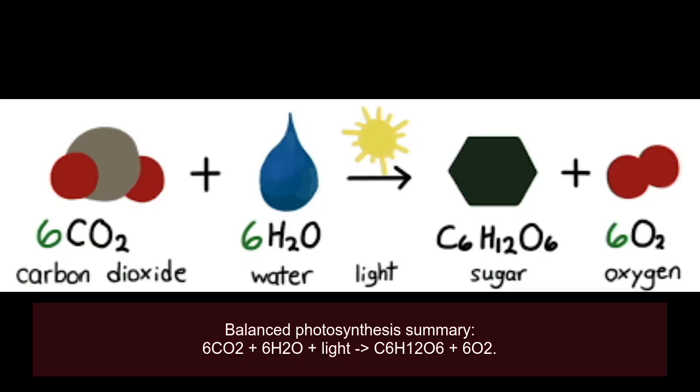So photosynthesis is 6 CO2, carbon dioxide, plus 6 H2O, water. If we add them together with light, they cause the reaction to make this compound, C6H12O6, which is sugar or carbohydrate or glucose, all the same, plus 6O2, oxygen.